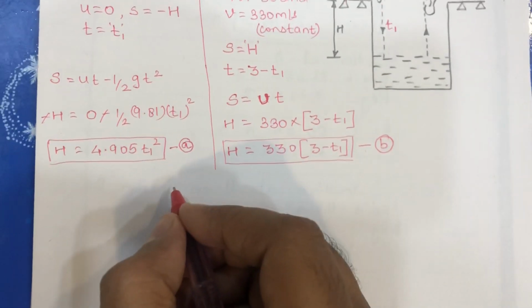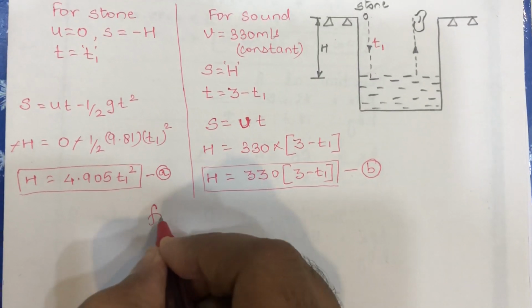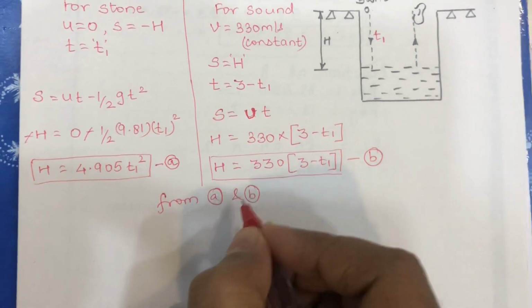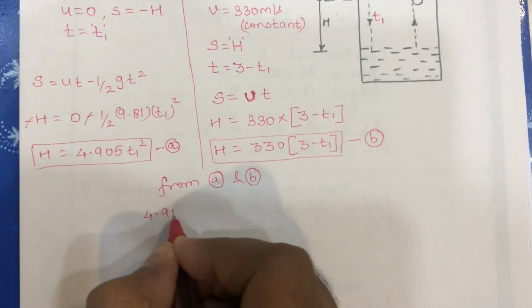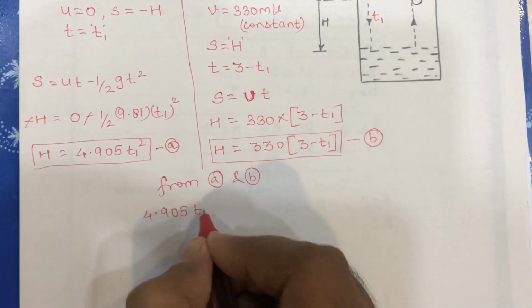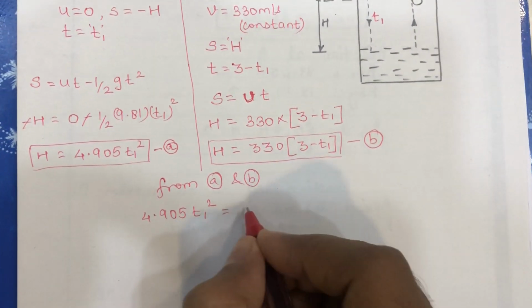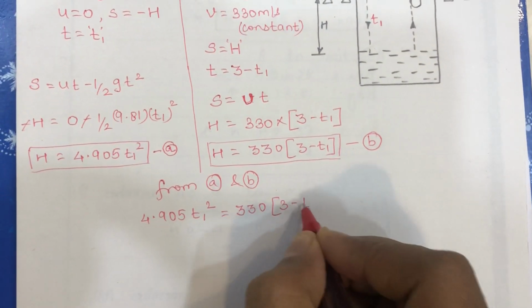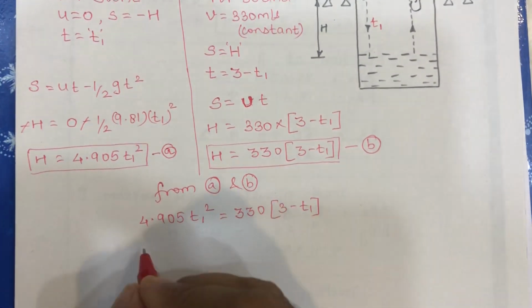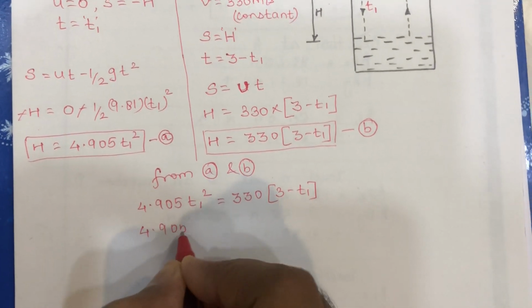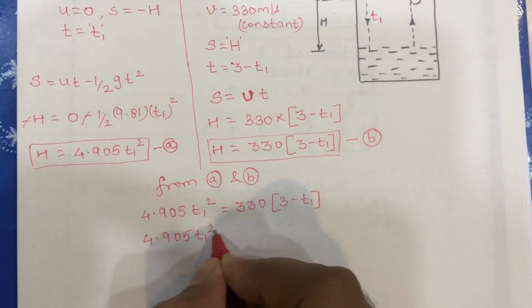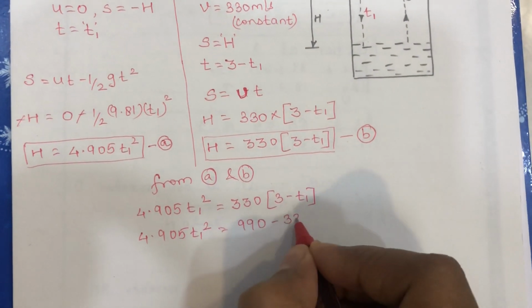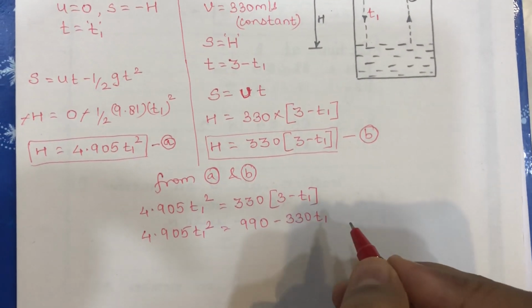If you see here, equation A and equation B have one common term, which is h. So from A and B, 4.905 t1 square equals 330 times (3 minus t1), which can also be written as 4.905 t1 square equals 990 minus 330 t1.